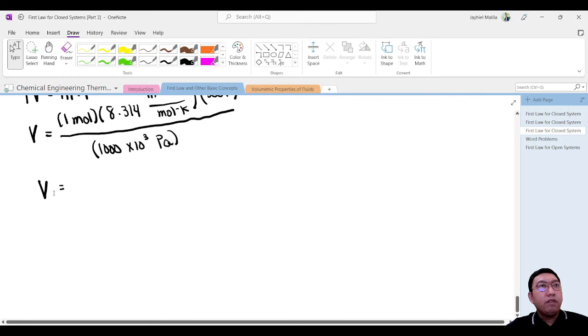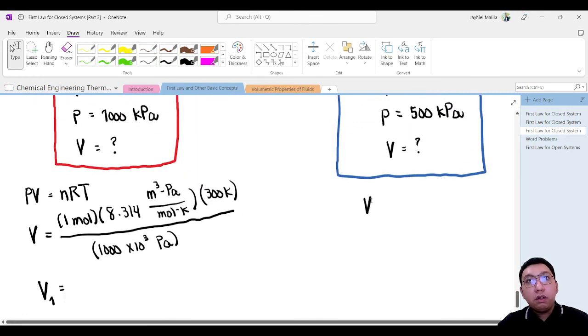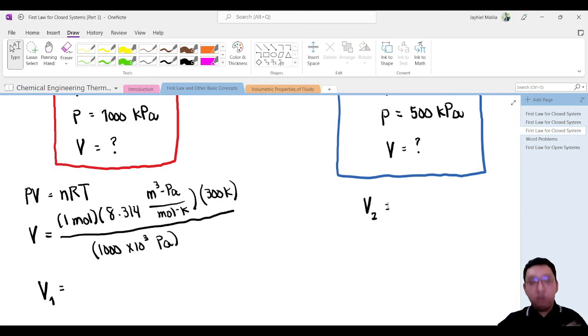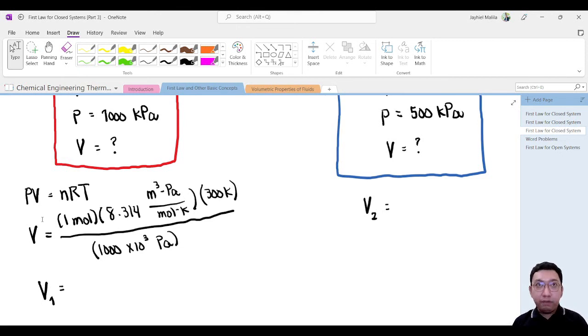For the value of the volume in state 1, I might just solve it here directly in the calculator. On your end, if you want to confirm, kindly solve it by yourself. 300 and then 1000 times 10 to the power of 3.